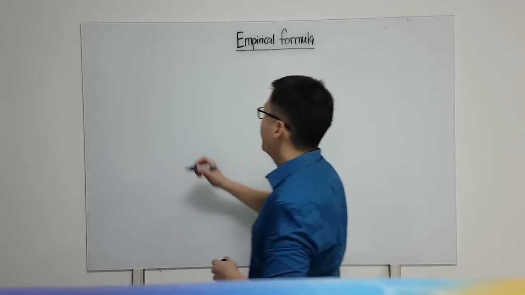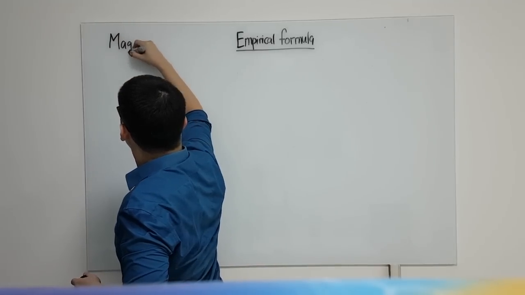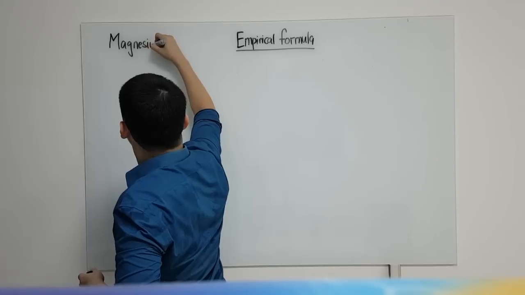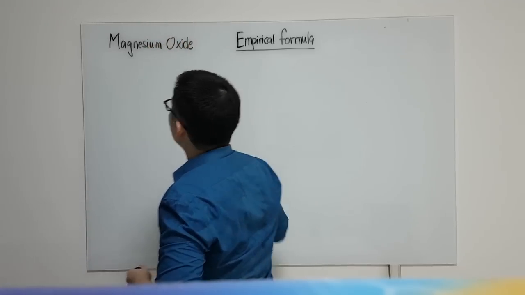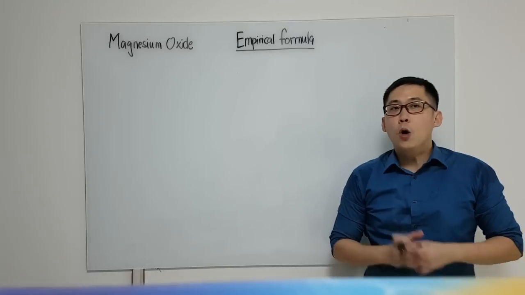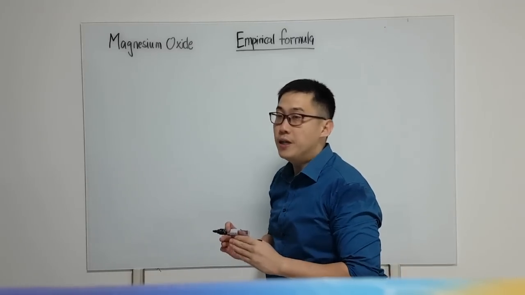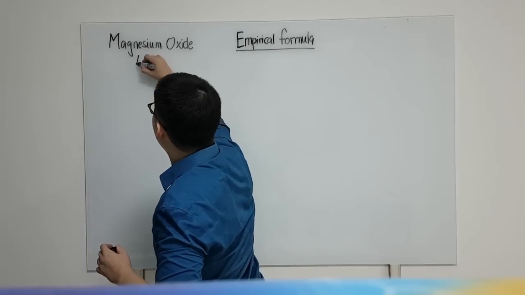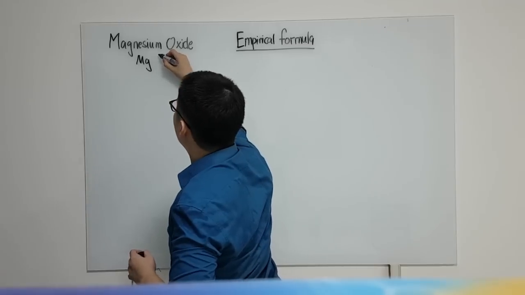Consider the case of magnesium oxide. Now, students, what we do know about magnesium oxide in terms of its formula is that it contains magnesium, and we also know that it definitely contains oxygen.